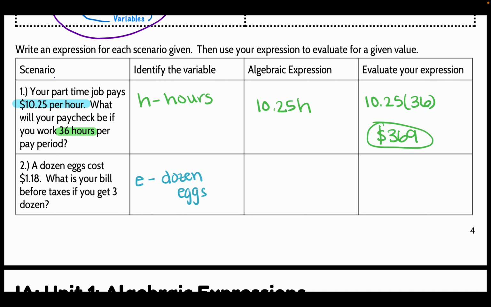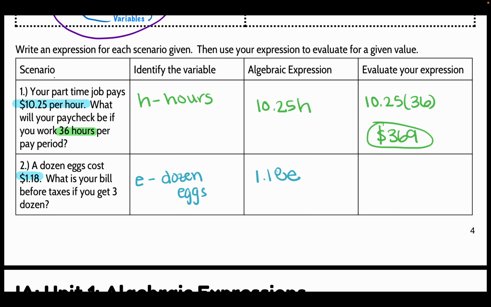So the amount of cartons of eggs you're buying is what's changing. So it's $1.18 for every carton of eggs. Think of that like it's $1.18 per egg carton. So it's 1.18E is our expression.